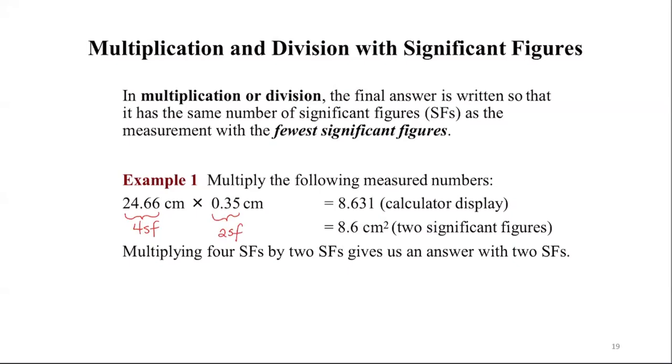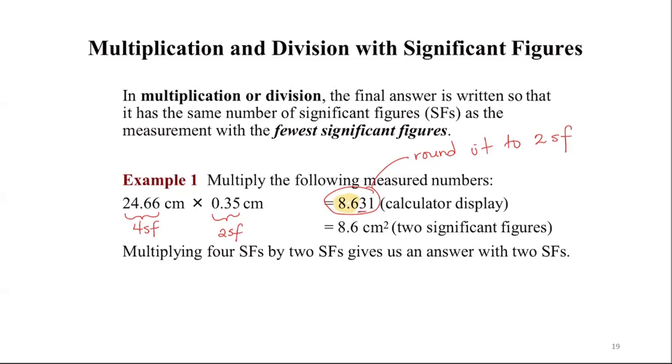Okay, so even though that's my calculator display, I need to take this calculator display and round it to 2 significant figures. Okay, so when I'm paying close attention to my digits, I'll say, oh, these are the first 2 significant figures. Let me look at the value next door to the 6.